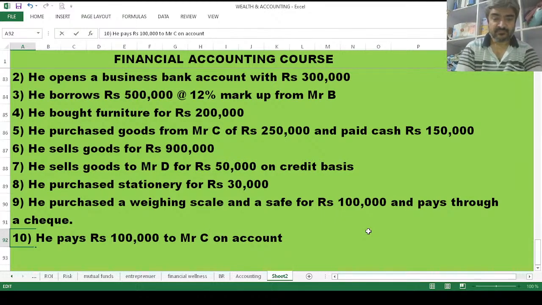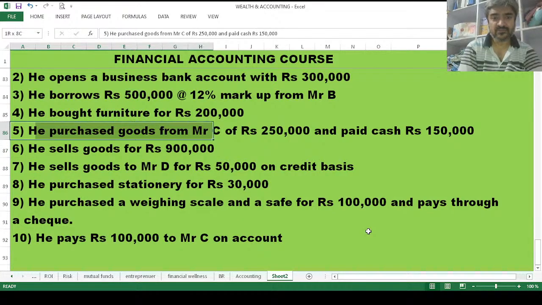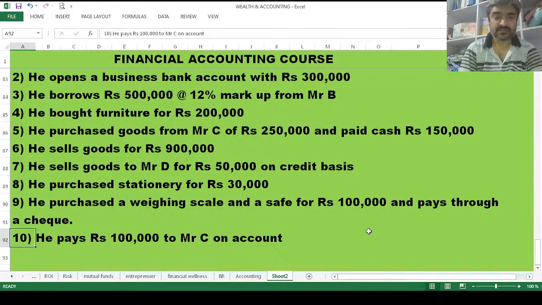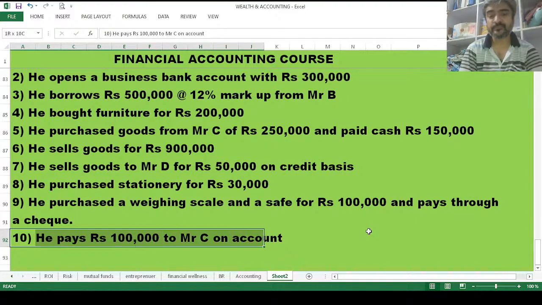This is the same Mr. C from whom he purchased goods of rupees 250,000 and paid rupees 150,000, and the balance was rupees 100,000. Now here in this transaction he pays the remaining 100,000 to the creditor.